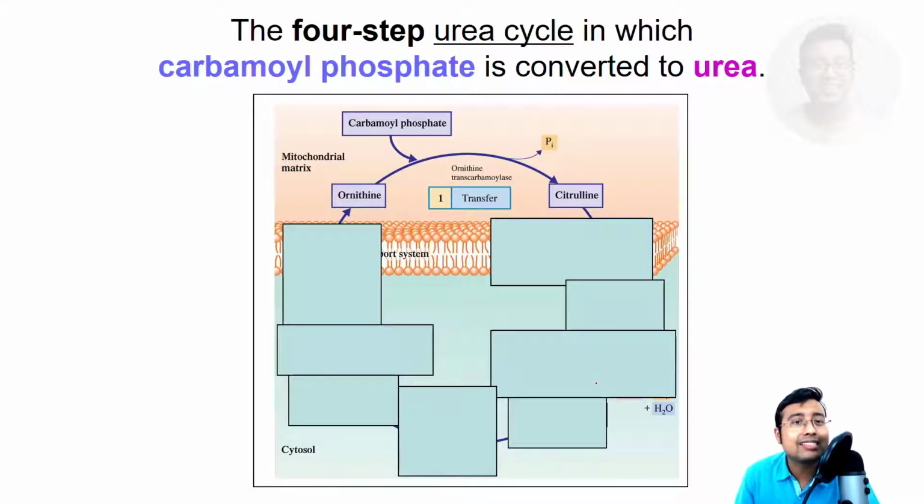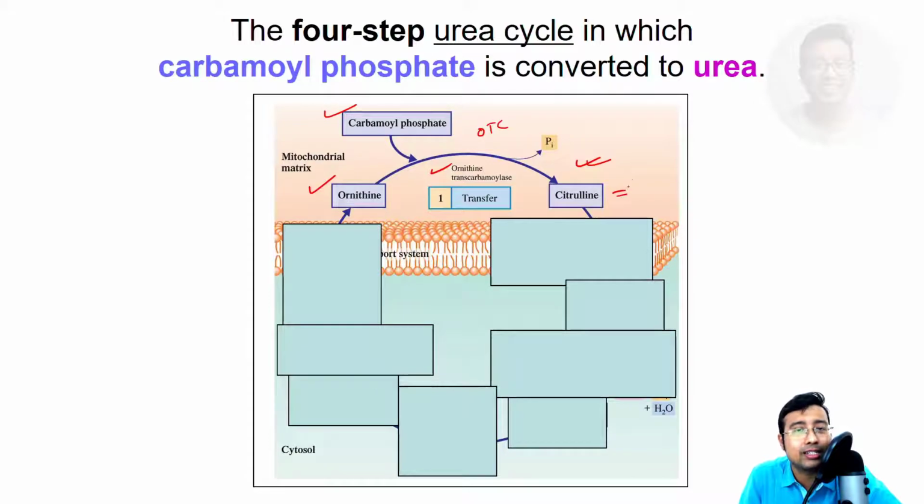So what's the next step? Carbamoyl phosphate combines with ornithine and forms citrulline. It also happens inside the mitochondrial matrix, and the enzyme is ornithine transcarbamylase, abbreviated as OTC.